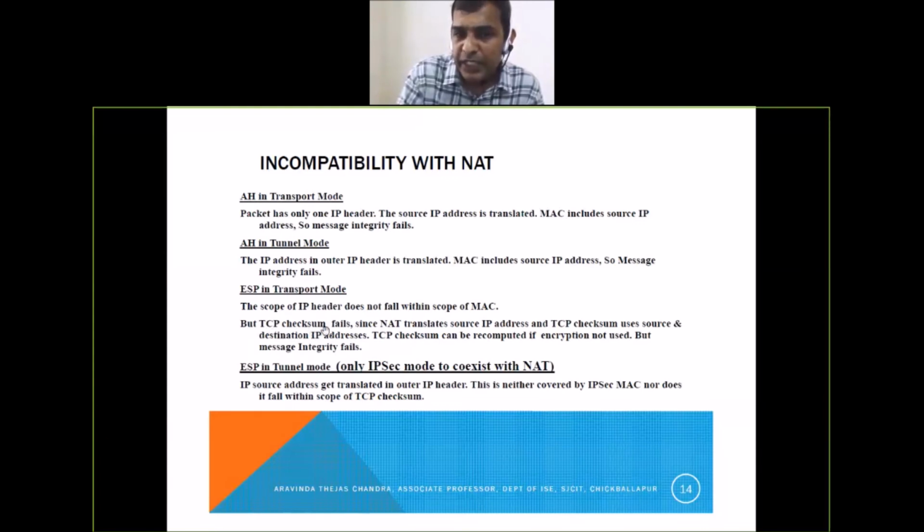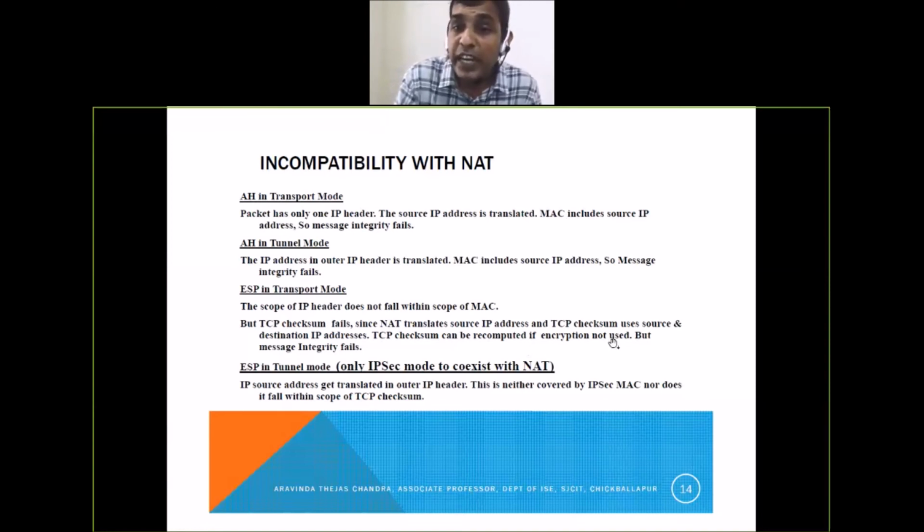So the TCP checksum fails. The TCP checksum computed in the TCP header fails because NAT translates the source IP address, and the source and destination IP addresses are used in the TCP checksum. That's why the TCP checksum fails.